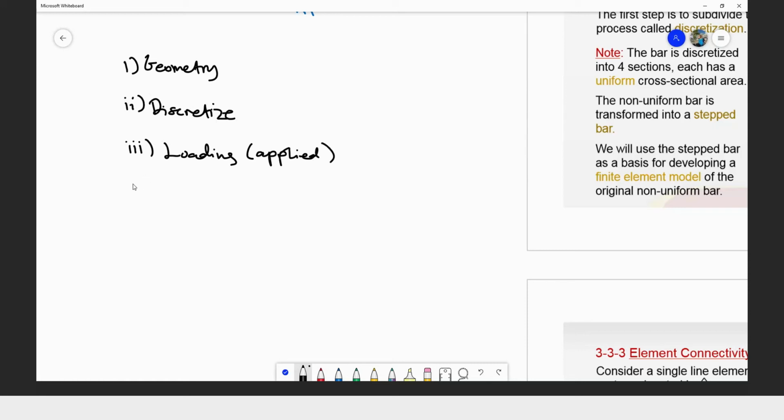So apply loads, and then in the first step here, we may look at the boundary condition or support conditions.